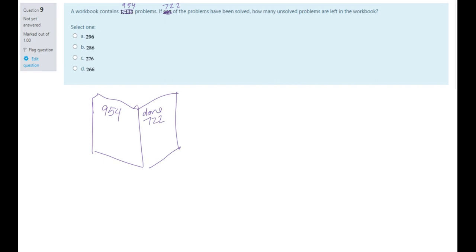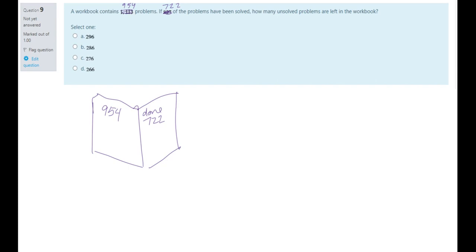If I gave you the situation and told you to find how many are left, you could go in and count up how many are not done. That'd be one way to do it. But if you knew how many you had done and how many there were, there's a way to figure out how many are left.